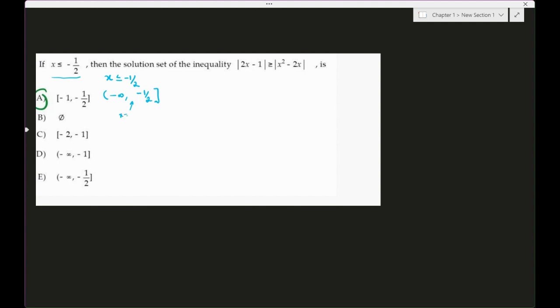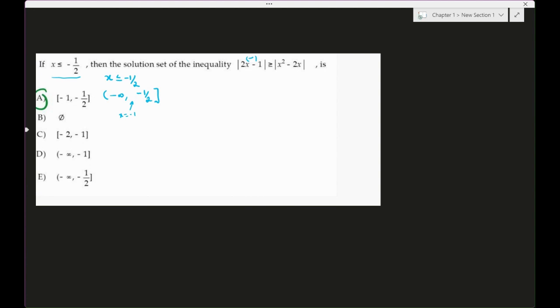Putting x equals minus 1 here, we have 2 times minus 1, which is minus 2, then minus 1. So this will be negative. It means for every x in here, you're going to have negative here.